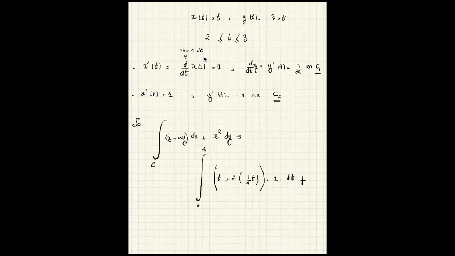What is x on the first curve? It's t squared. And what is dy? Or you just use the formula. Y prime is 1 over 2. Or is it minus 1 over 2? 1 over 2, dt.